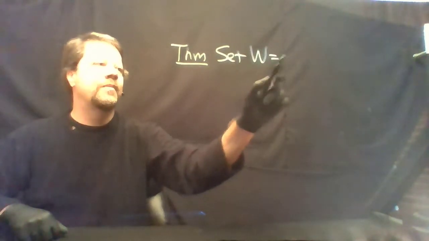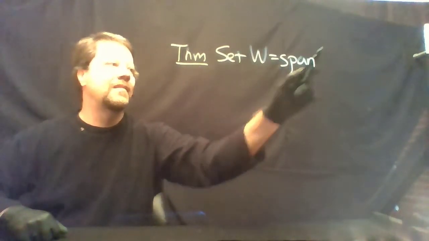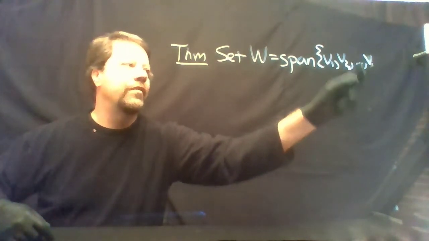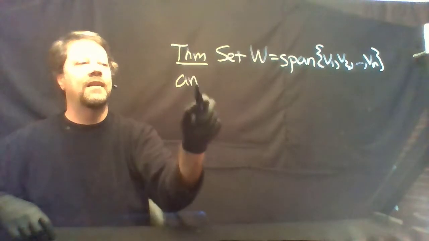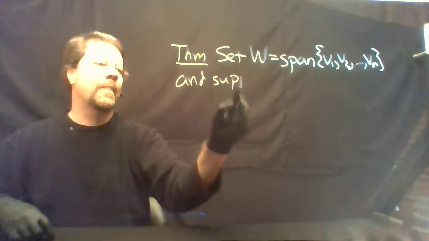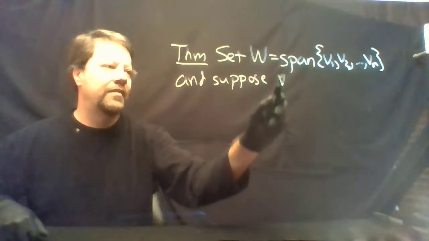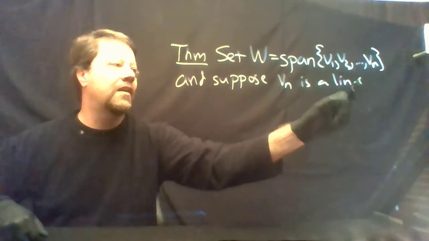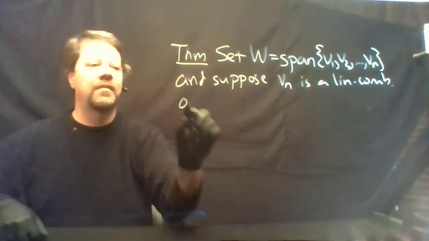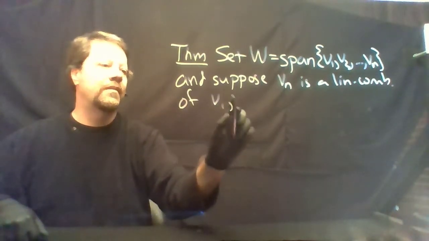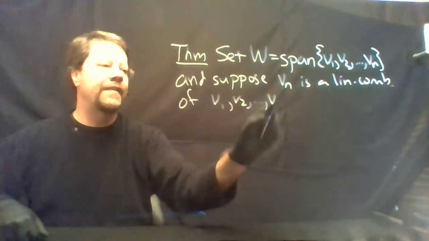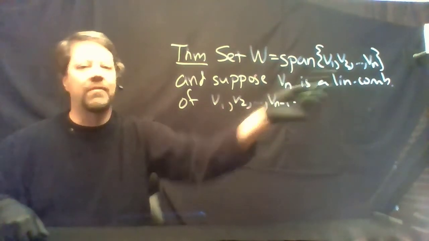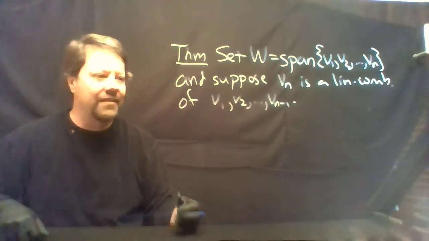Set W to be the span of V1, V2 through Vn, and suppose Vn is a linear combination of V1, V2 through Vn minus 1. So the last one can already be combined using the other vectors.